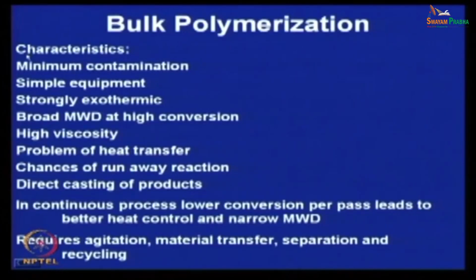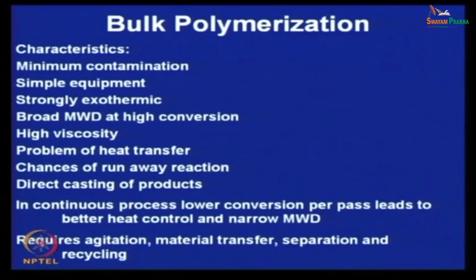Okay. So, here in this slide you see there are various characteristics of this bulk polymerization. It provides minimum contamination of the polymer. As I said, it contains only polymer and residual catalyst or initiator.